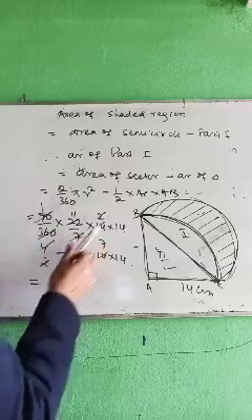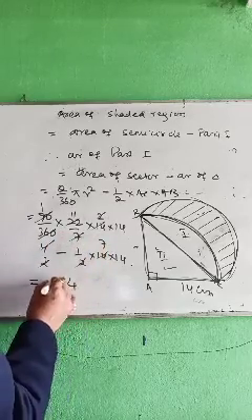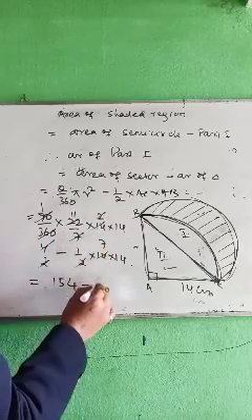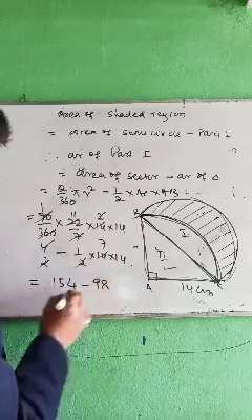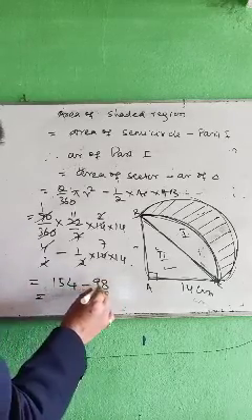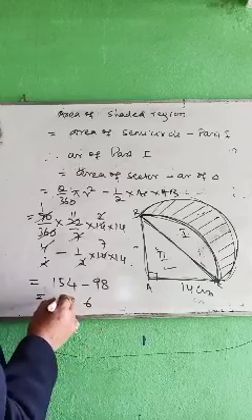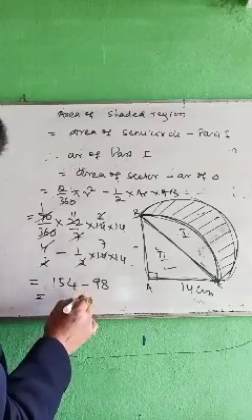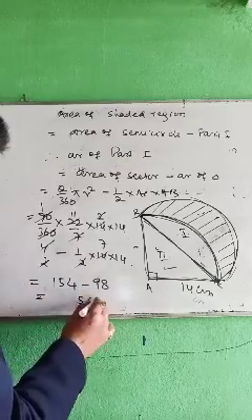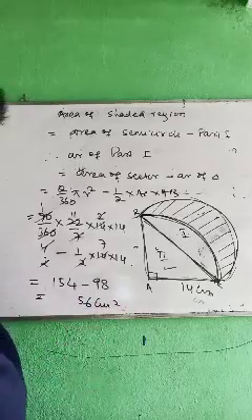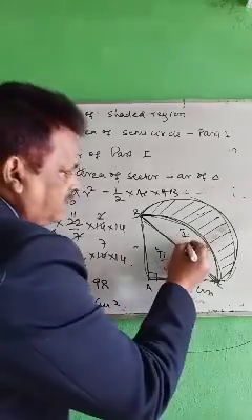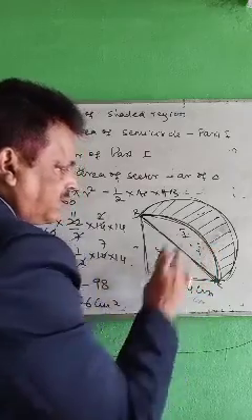So 11 into 14, 154 minus 98, 56. Which one is 56? This part is 56.